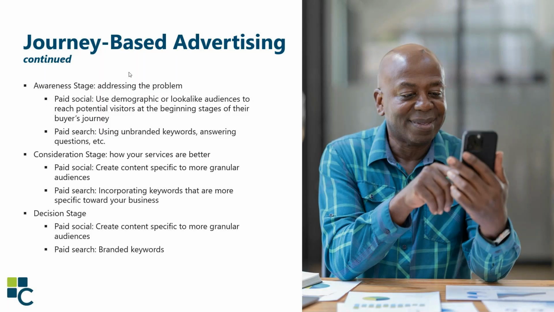So if their problem is, I don't understand health insurance, you could use the keywords health insurance 101 or health insurance for dummies, things like that. That would be reaching people in the awareness stage.